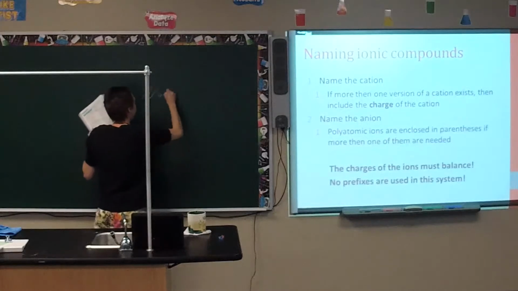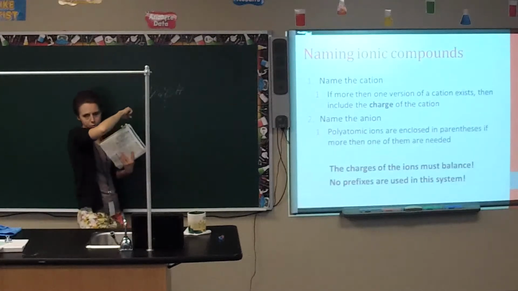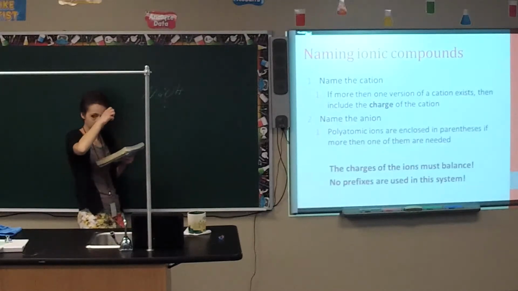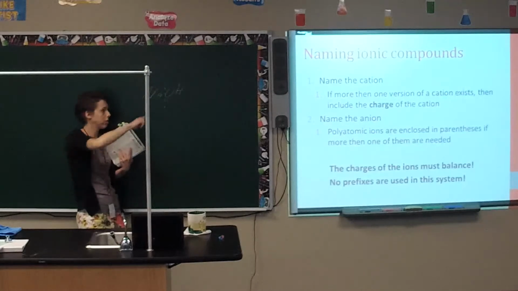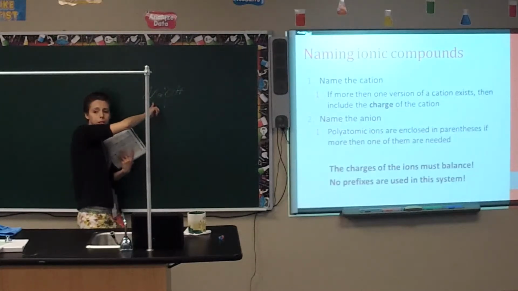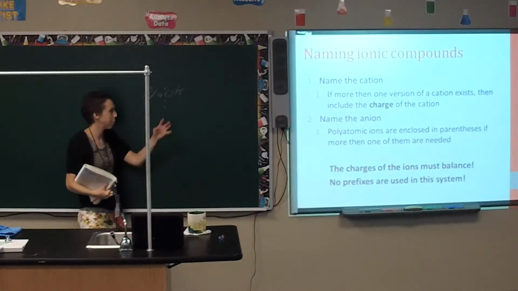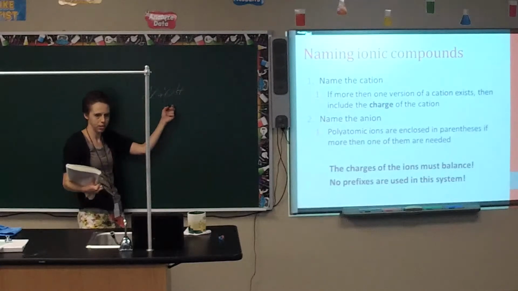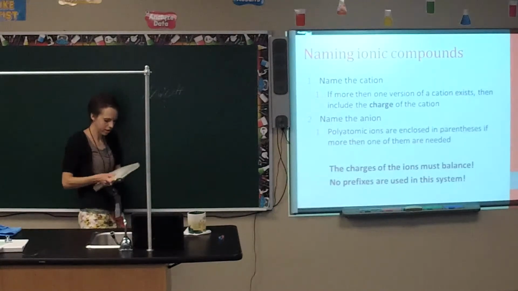Alright, if I have NaOH, what is the cation? What is the name for this one? Chris, this Na, what is this one? Sodium. Alright, OH. Ethan, you're going to have to find it in the chart, because you probably don't know this one's name. Can you find it and tell me what this one is?